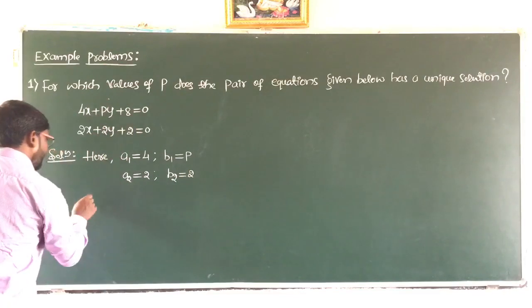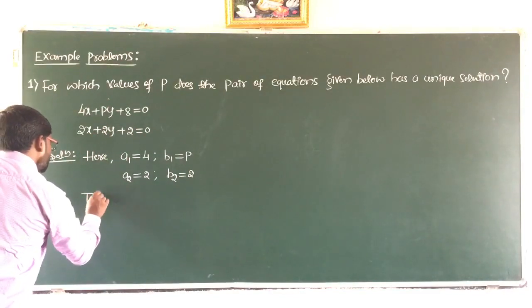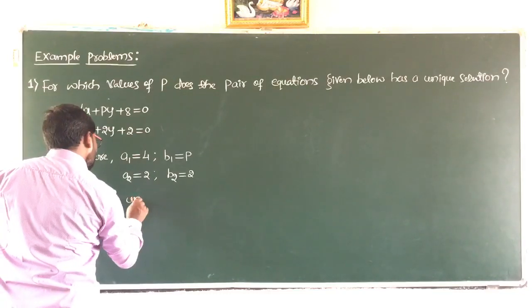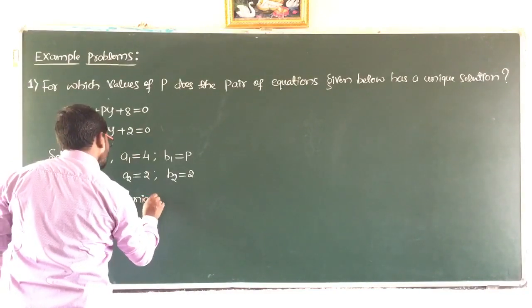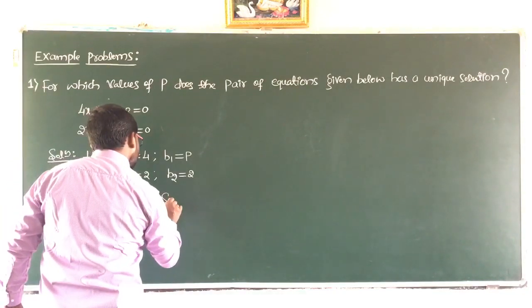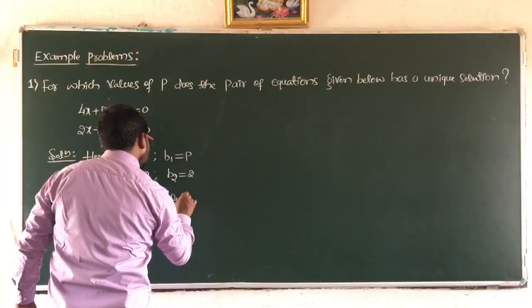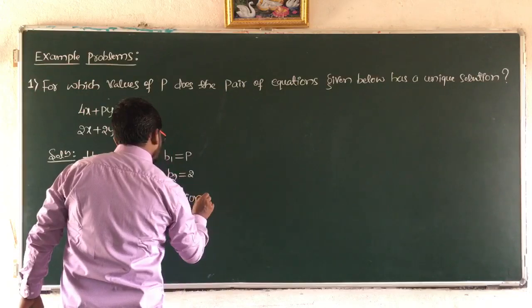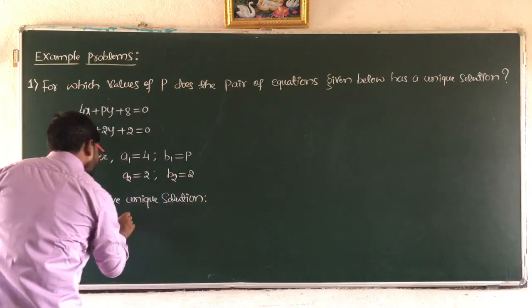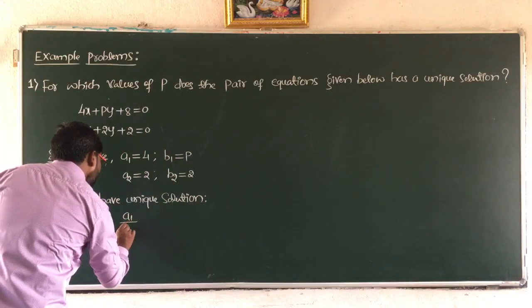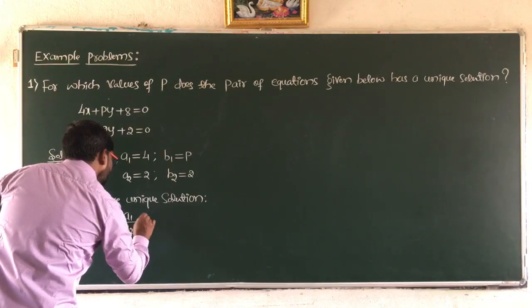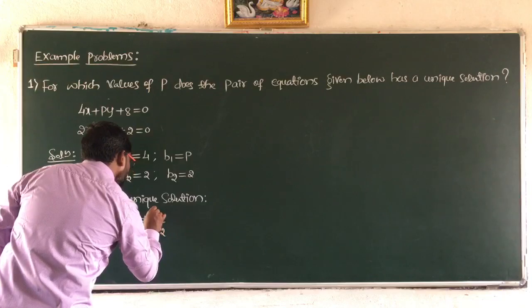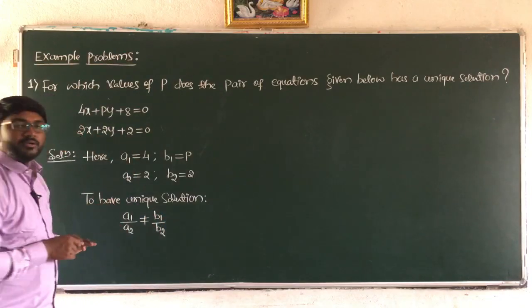Now to have a unique solution, the condition is a1 by a2 not equal to b1 by b2. a1 by a2 is not equal to b1 by b2.